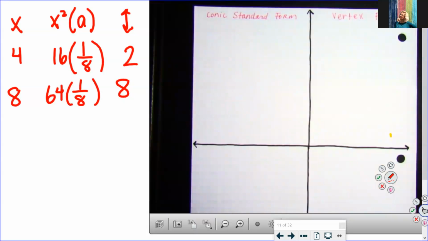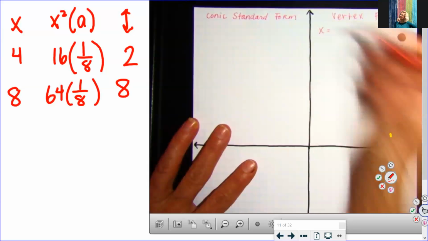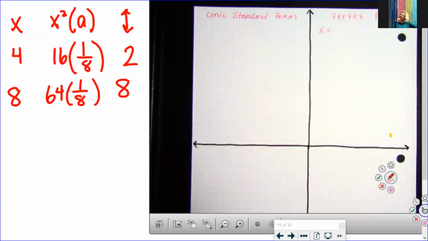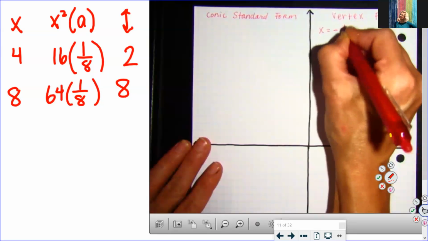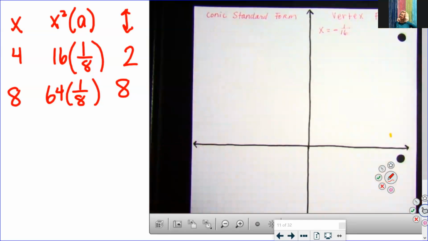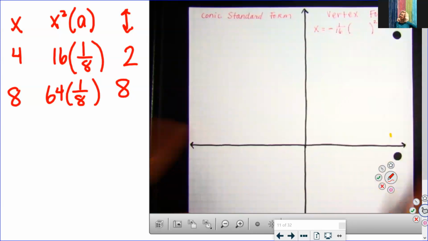Since this is a sideways parabola, it doesn't start with the letter y, it starts with the letter x, right? x equals. And it's going to have a negative a value, a negative 1/16, right? Your fraction is negative. Since x is by itself over there, what is being squared is your y minus k.